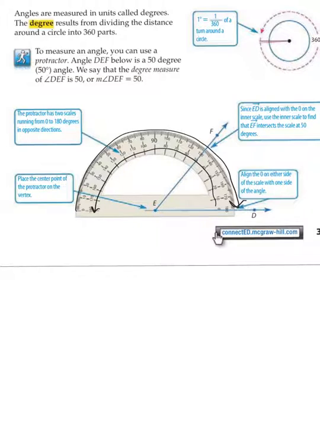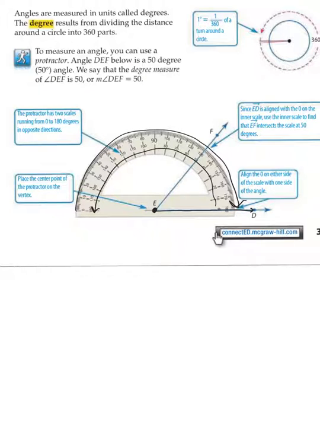Also, there's going to be either a mark or maybe even a little hole in your protractor right in this area, and that is where you will always put the protractor over the vertex of the angle that you're measuring. You also want one of the rays of the angle to extend through 0.